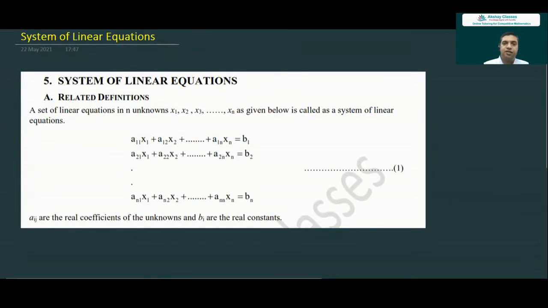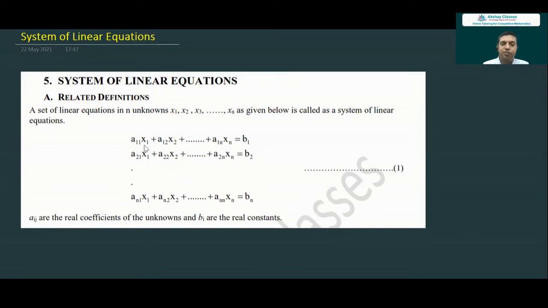You have a system of linear equations with n unknowns, x1, x2, x3 up to xn. There are n unknowns and there are n equations. This is called a full system of linear equations.